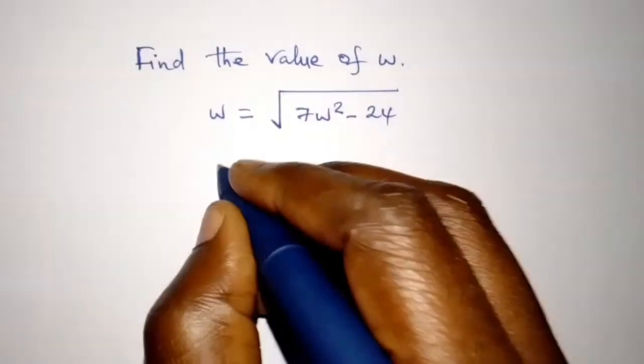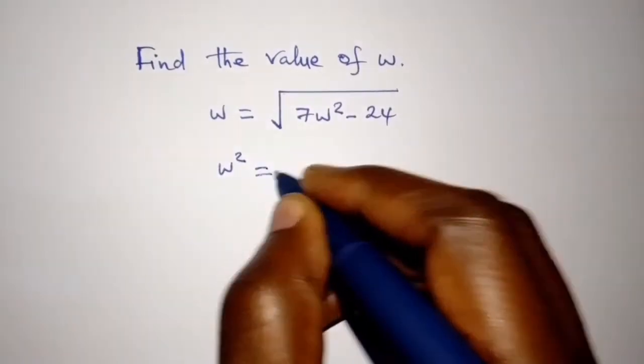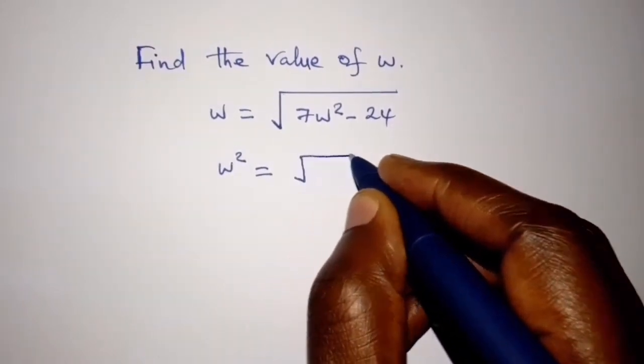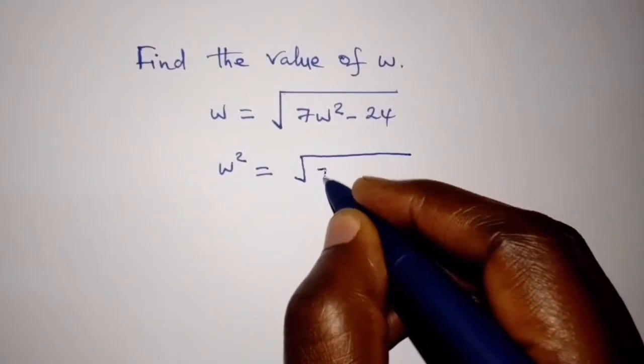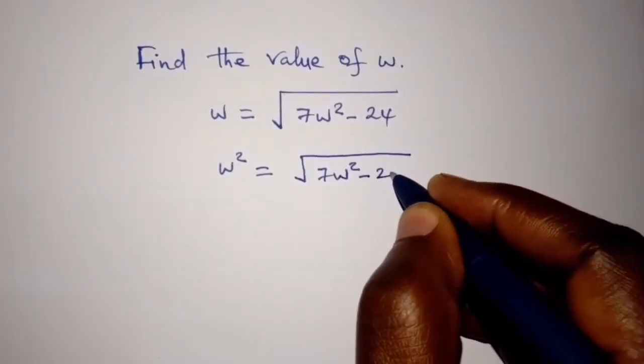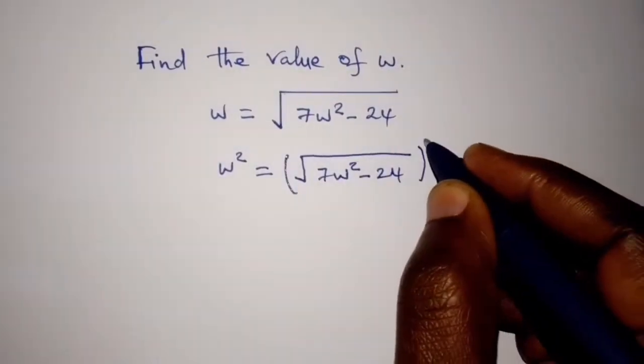So we can say that W squared is equal to the square root of 7W squared minus 24, squared.